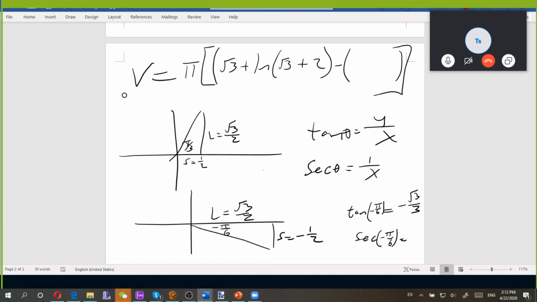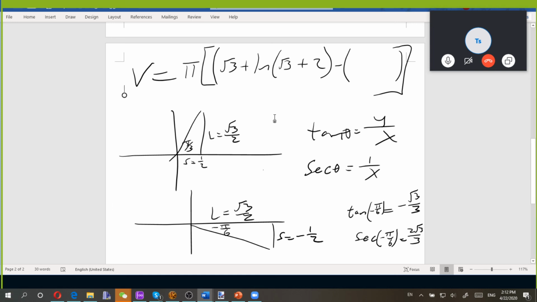Okay, and then what about the secant? 2 root 3 over 3. Okay, perfect. That was 1 divided by my x value. My x value is root 3 over 2, so if I have 1 over that fraction, I'll flip it. Will give me 2 over root 3, and I can rationalize to 2 root 3 over 3.